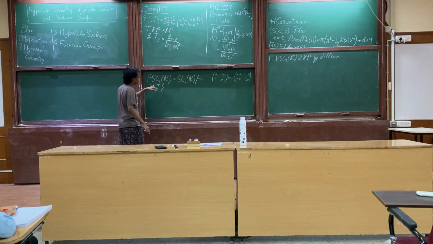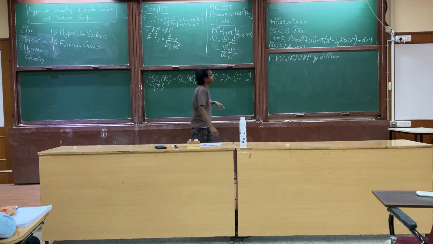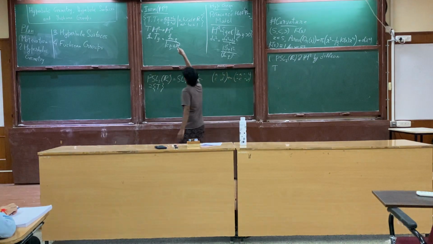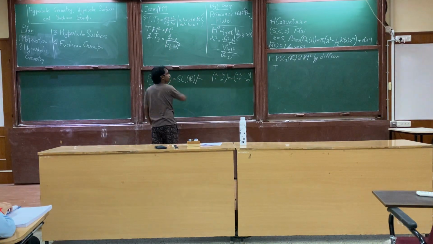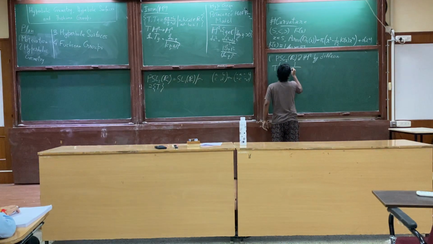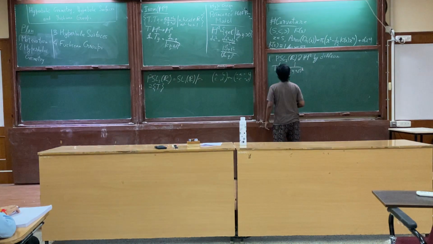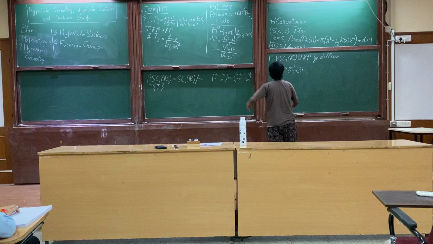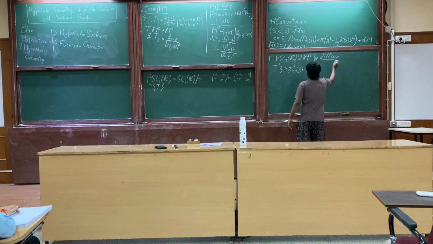You take a PSL2R element and associate this map, and this acts by diffeomorphism because you can already see that if T is of that form, then T inverse Z is also of that form. And in fact, T prime Z looks like 1 over (Cz plus D) whole squared, which is never 0 for Z in the upper half plane, right? And so T has a non-vanishing derivative, and so does T inverse, and so we get this.